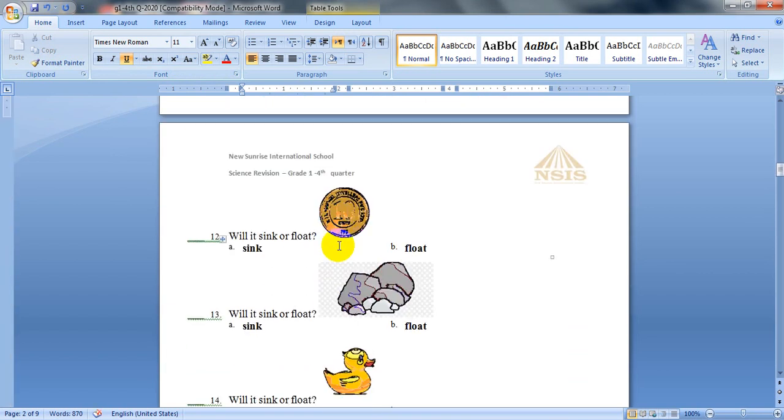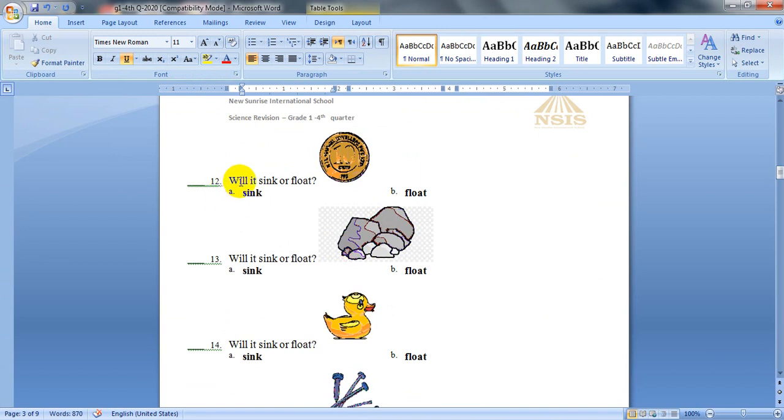Question number 12. Will it sink or float? This coin, will it sink or float? Of course it will sink. 13. These rocks, will it sink or float? Also these rocks will sink.